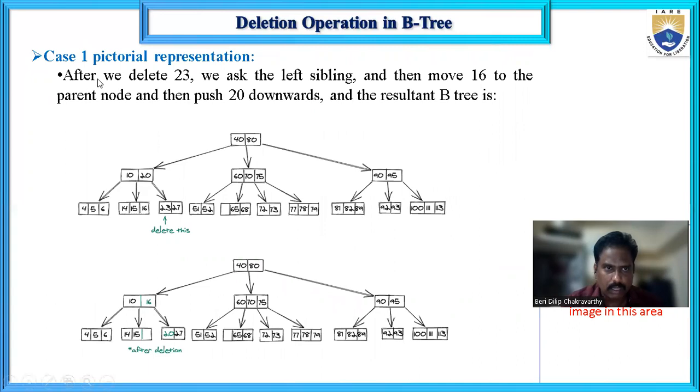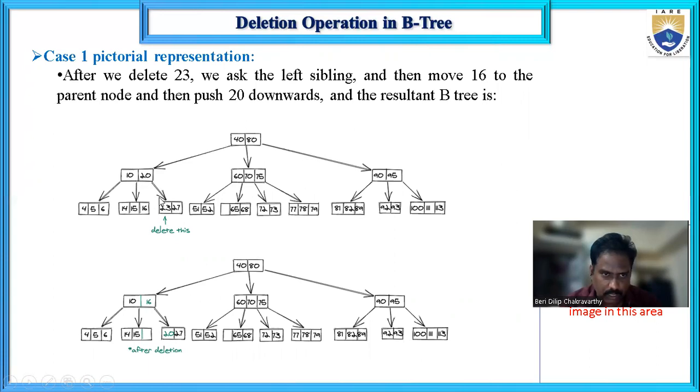Consider case one. If you are trying to delete 23, where is 23 available? I'll go to here and here. If you observe, if I delete 23, only one key, 27, remains, which is a violation. So what we'll do is borrow from the left or right sibling. It does not have a right sibling, so we'll simply get it from the left sibling.